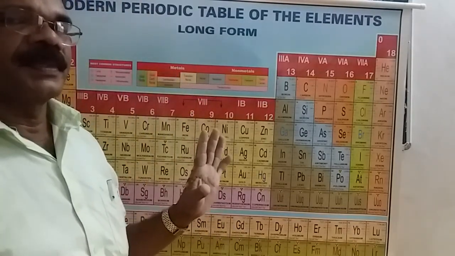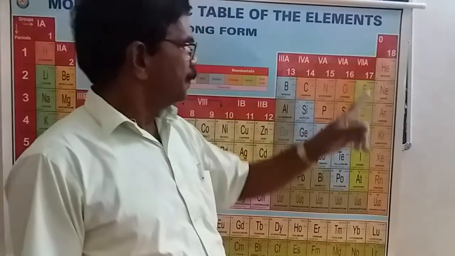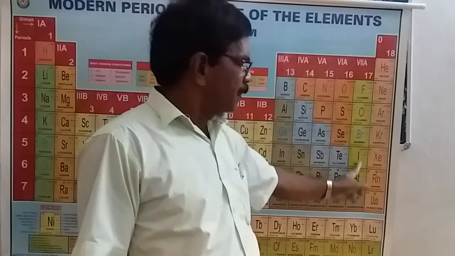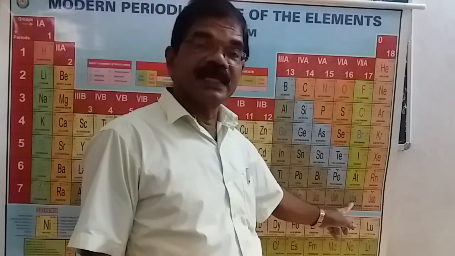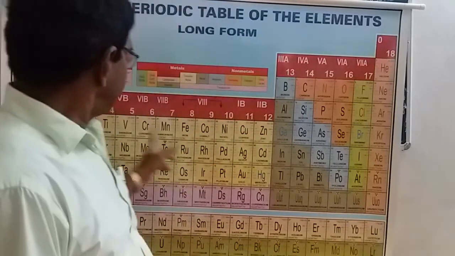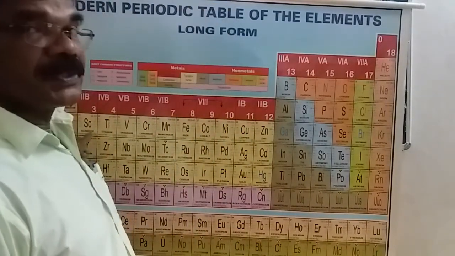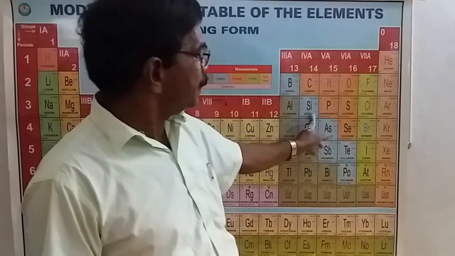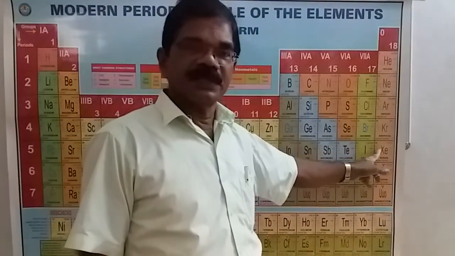What are they? Valency, and how the valency changes in a group and in a period. In a group, from top to bottom, valency remains the same. In a period, from left to right, valency increases from 1 to 4, then decreases to 0.